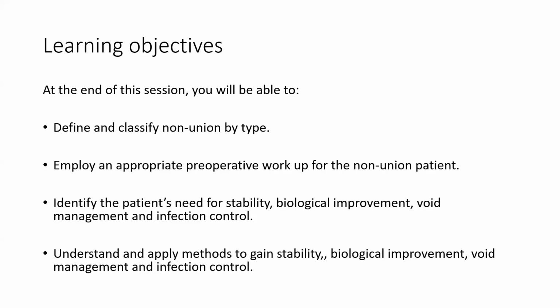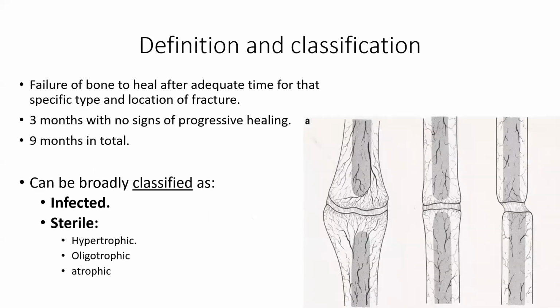Okay, definitions and classification. The definition of non-union is actually not as simple as we thought when we started. Historically we know that there is a certain period of time, 3 months of no signs of progressive healing, 3 consecutive months, or 9 months.